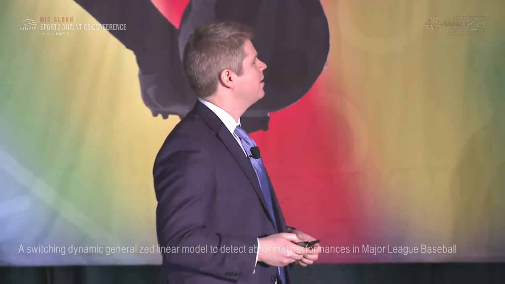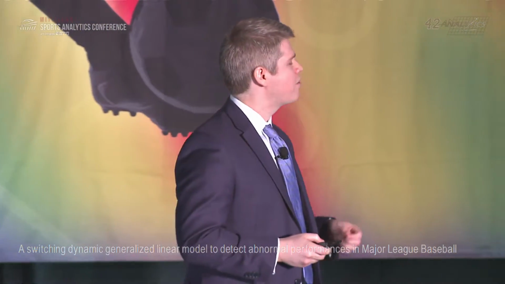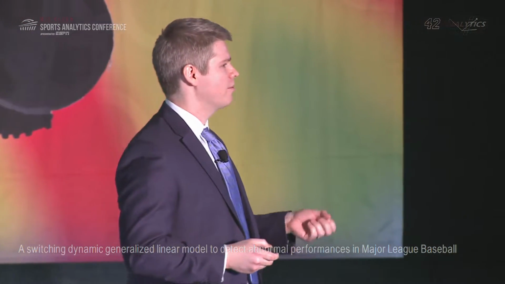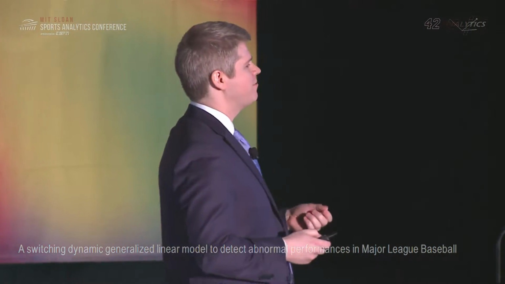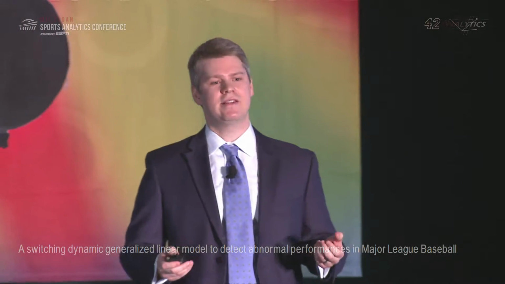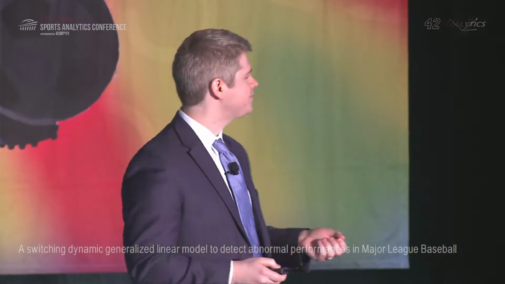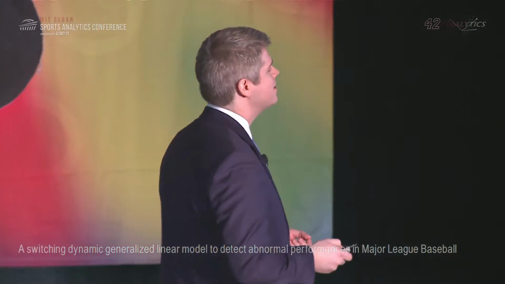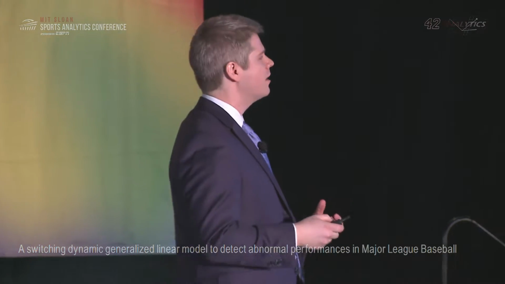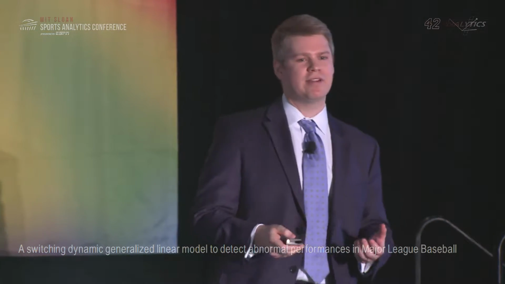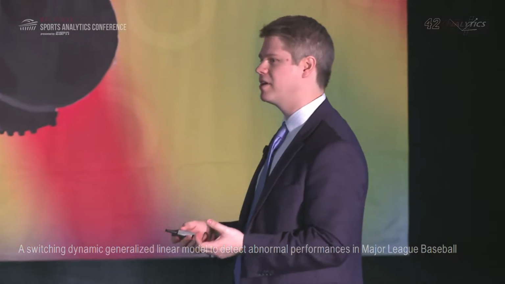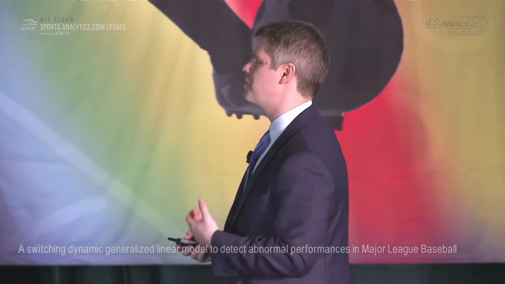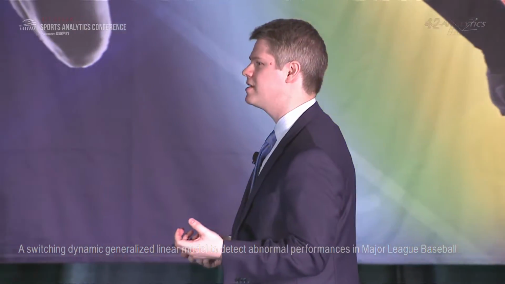The middle figure is for the probability of an abnormal performance. So that's the probability that Jeter's performance meaningfully deviates from a typical aging pattern. We've presented 3 different lines here. So one of the challenges as a modeler is that you have to specify how many different ability classes there are, how many different clusters of players there are. And so we want to consider the sensitivity in our analysis to that choice.